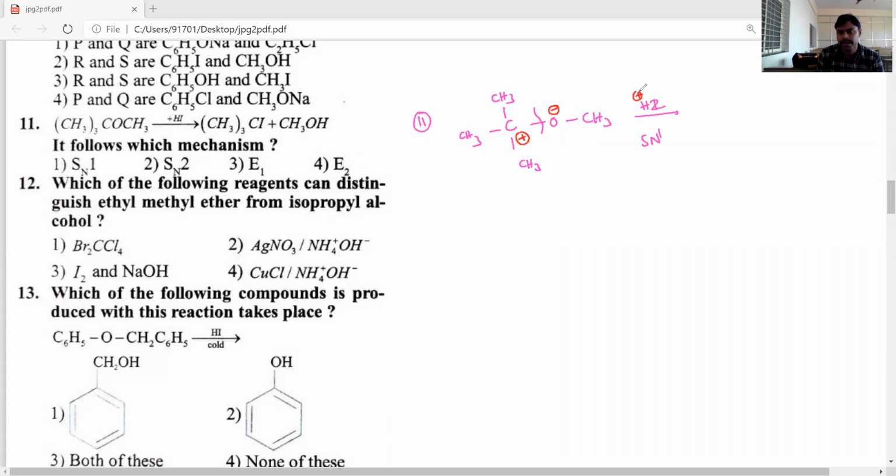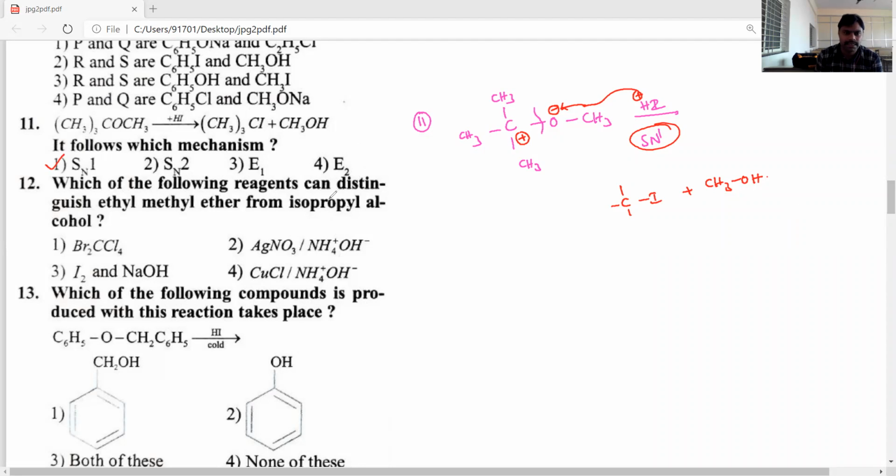The H plus ion is abstracted by O, and the resultant products are iodide plus methanol. So the reaction is taking place through the SN1 mechanism. So the answer is the first option.